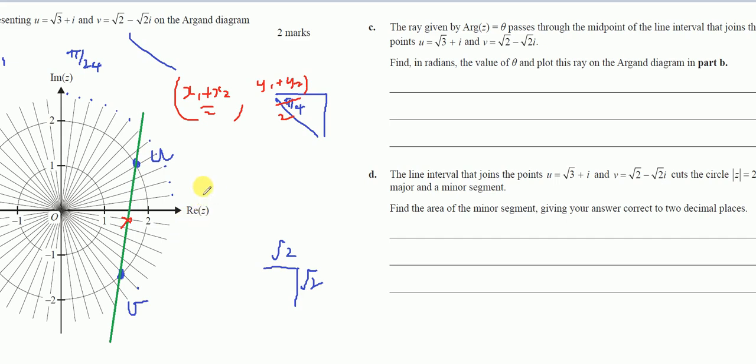Therefore, that midpoint will be the coordinates of root 3 plus root 2 on 2, comma, 1 minus root 2 on 2.